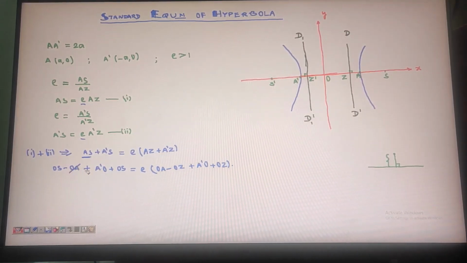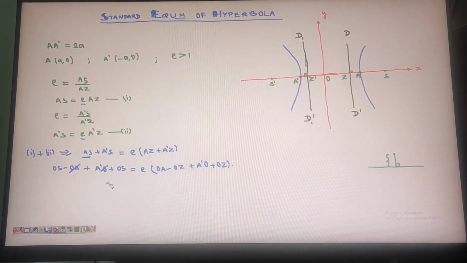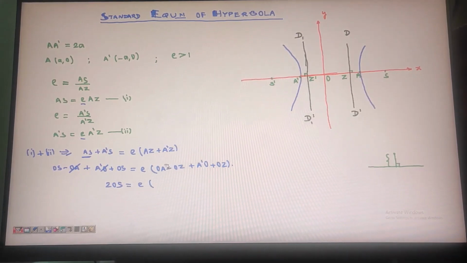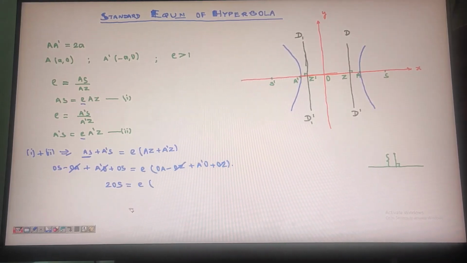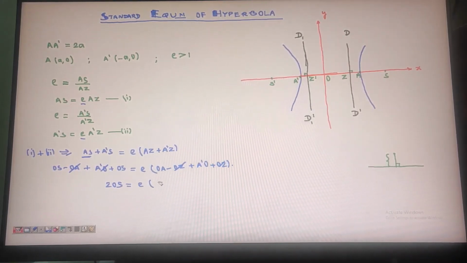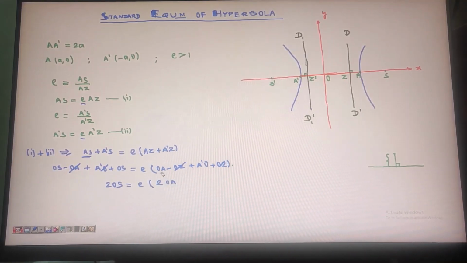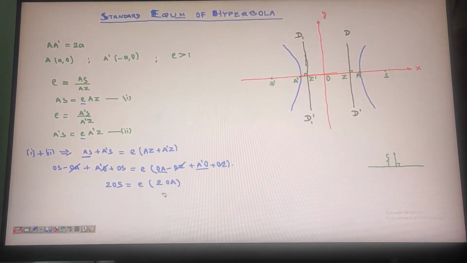This OA gets cancelled, so I am getting 2 times OS is equal to, and this OZ and OZ will get cancelled, so this gives me twice OA. Why? Because OA is equal to A dash O, right? So we are getting OS is equal to e times OA.